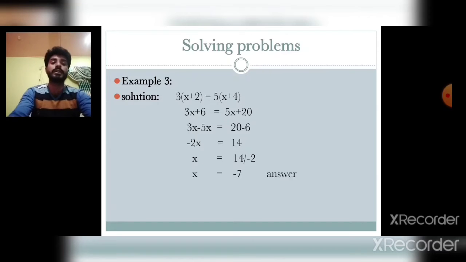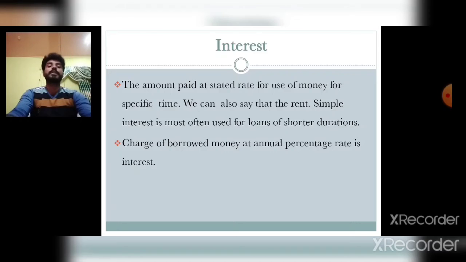So here I have completed my second presentation topic. Let's move to the third one: interest. What is interest? The amount paid at the stated rate for the use of money for a specific time. We can also say that simple interest is most often used for loans of shorter durations.